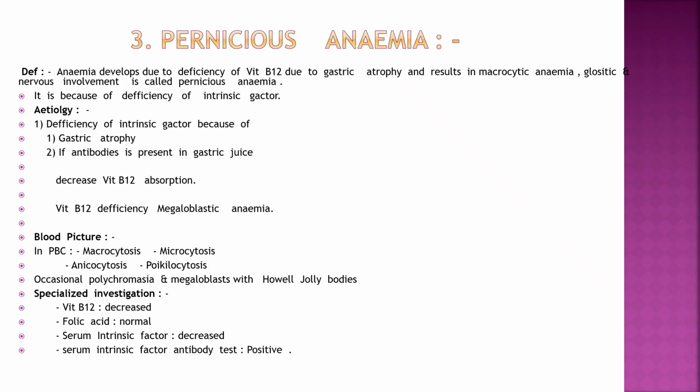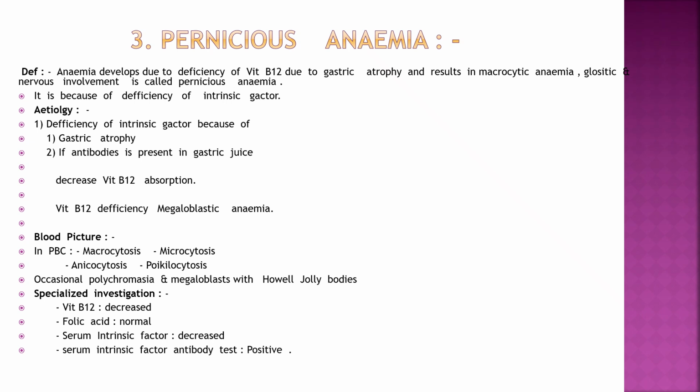Because of the gastritis there will be deficiency of intrinsic factor, or maybe antibodies are present in the gastric juice against the intrinsic factor, so vitamin B12 level decreases and it causes megaloblastic anemia.